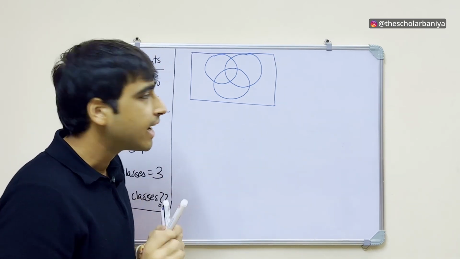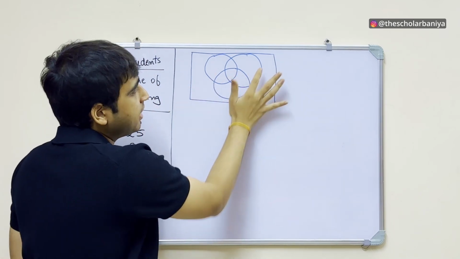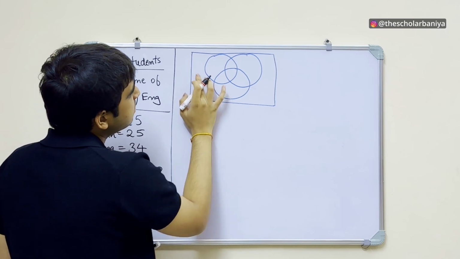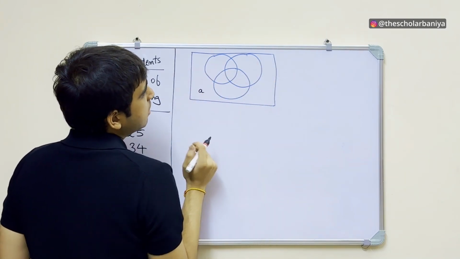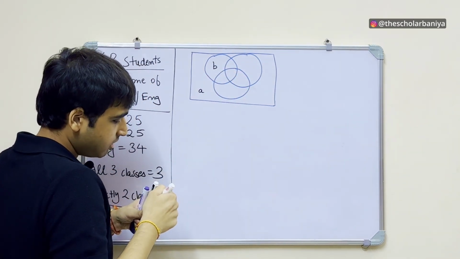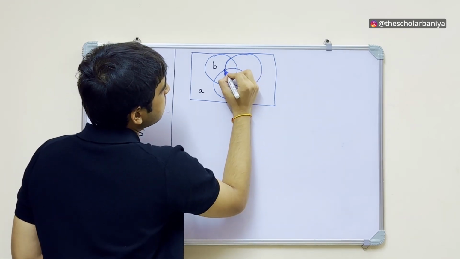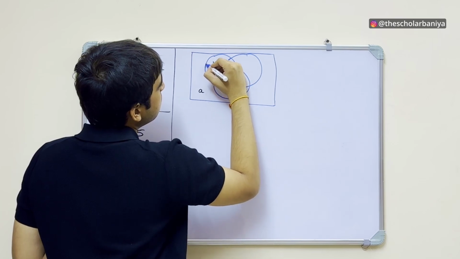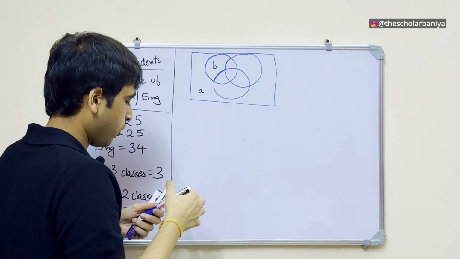Now what we do over here is that we give a variable to each element. For example, this is A. This means the entire thing which is outside the 3 circles, like this part. Okay, this is B. What is B? B is this part, right?